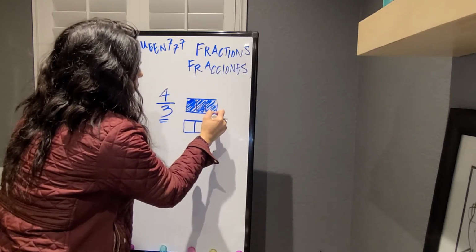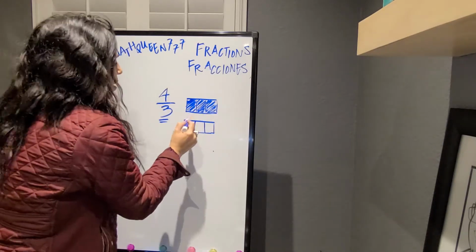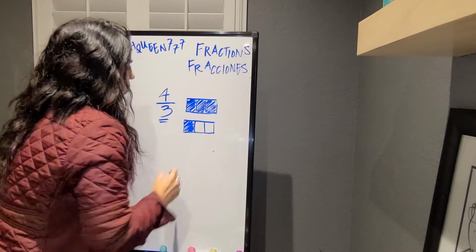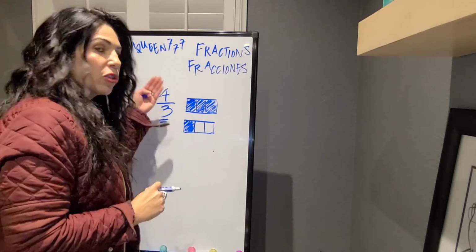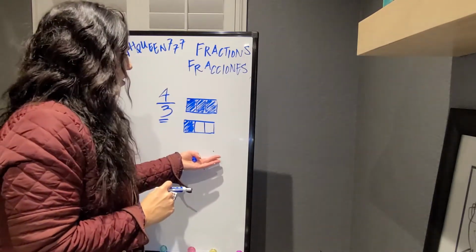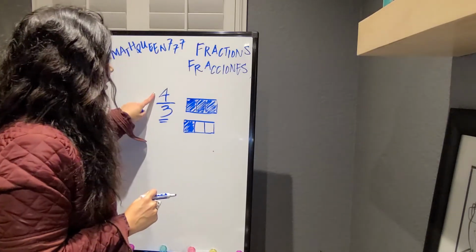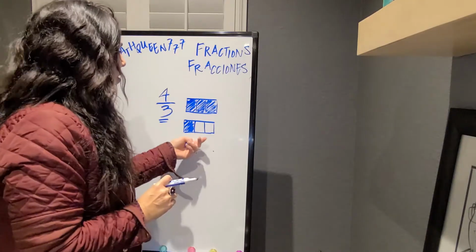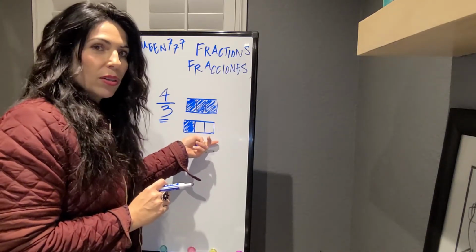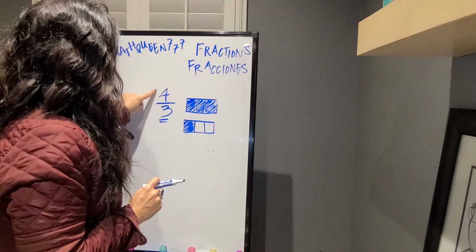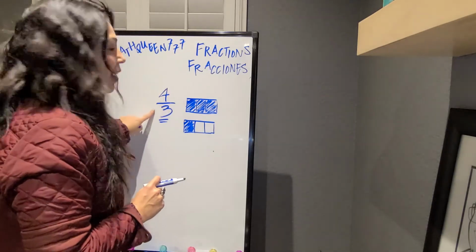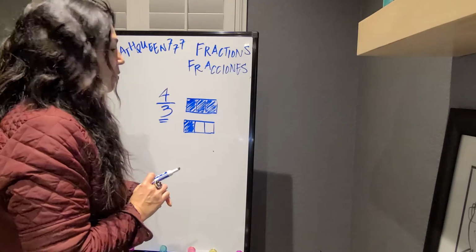So we're coloring 4 in total. So we have 3 there and then 1 more from here. Okay? So it's still possible to do this visualization even when we have an improper fraction. Todavía es posible hacer este mismo dibujo aunque tenemos el número de arriba, el numerador, que es más grande que el denominador. Vamos a hacer otro.